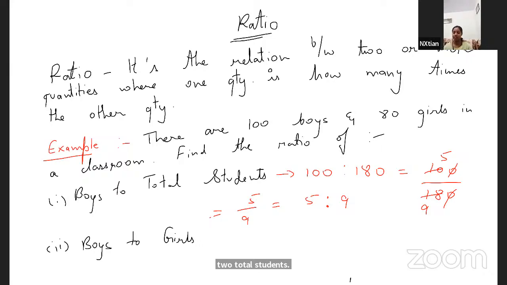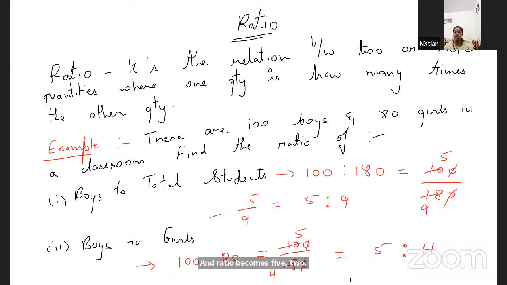Okay, so the ratio of boys to total students is 5:9. Okay, now boys to girls. What's the number of boys? Again, 100. And the number of girls is 80. Yes, 100 to 80. So it becomes 100 divided by 80. Now cancel. 2 5s are 10, 2 4s are 8. Ratio becomes 5:4, boys to girls.